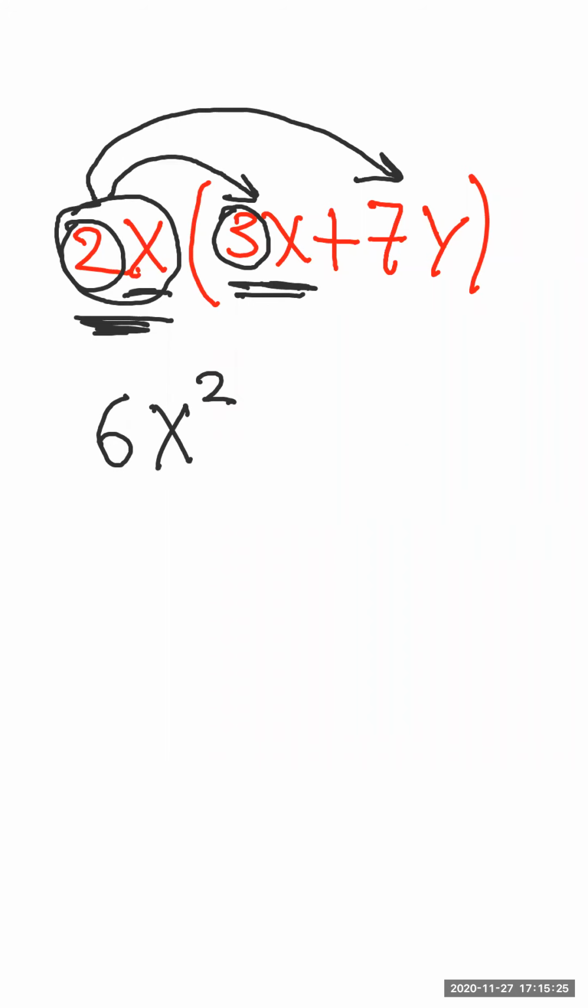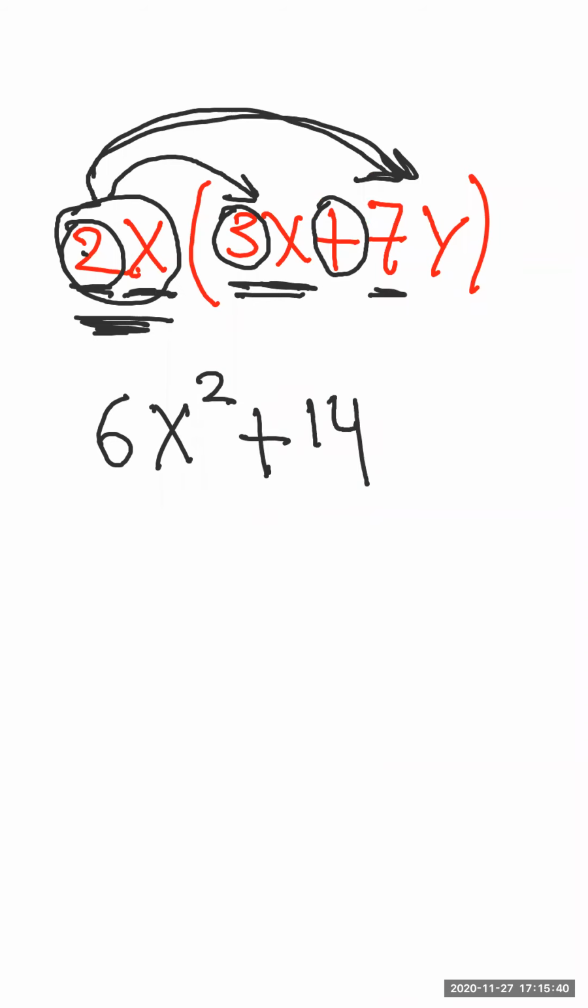Then 2x multiplied by 7y. It's a positive 7y, so positive. 2 times 7 means 14. x times y means xy. That's it.